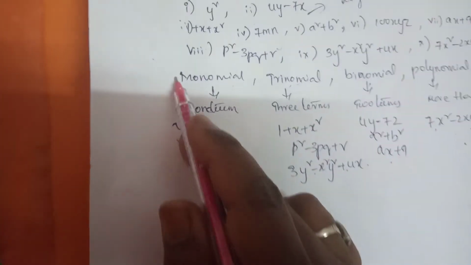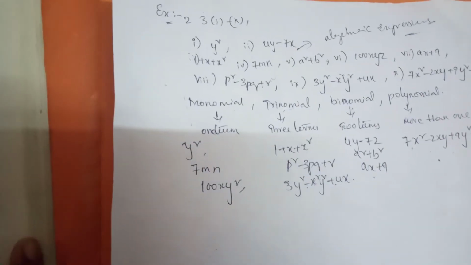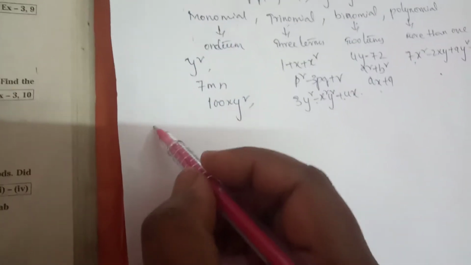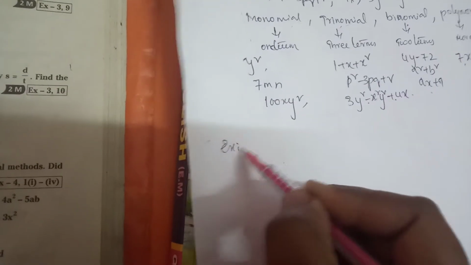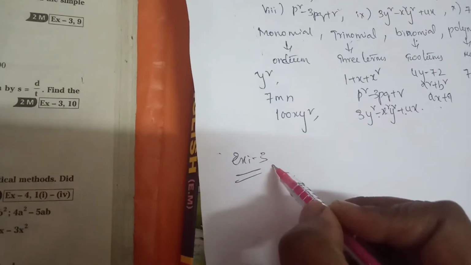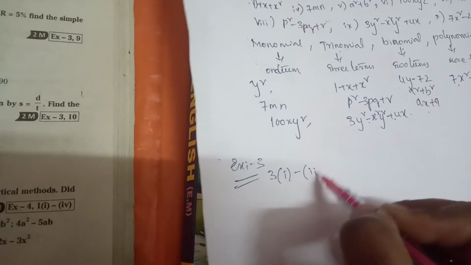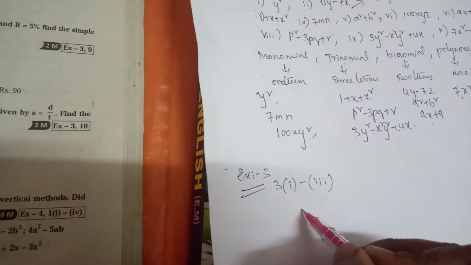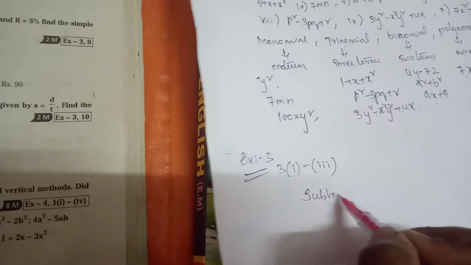Everyone, separate with boxes and try to separate monomial, trinomial, binomial and polynomial. Okay? Now coming to exercise 3, we have seen some problems yesterday, first and second. Now let us move to exercise 3, third bit, first to third. I am reading the question. Everyone listen.